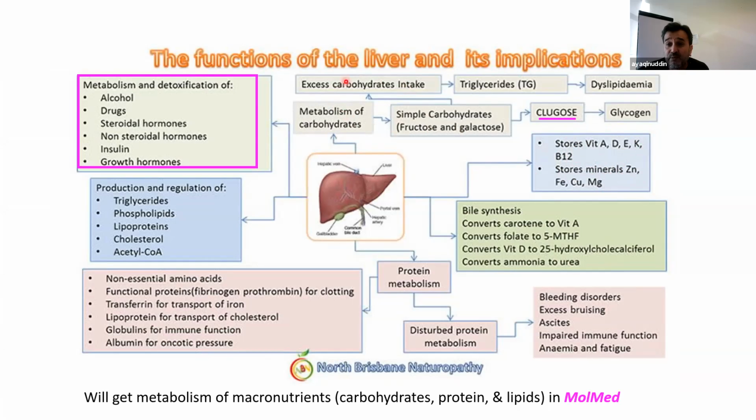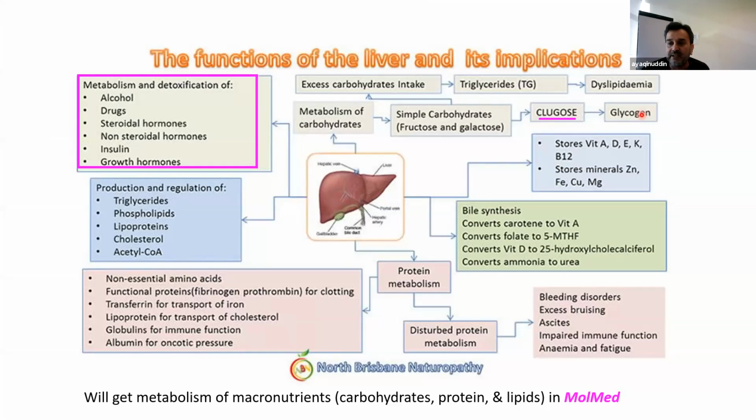It has a very important role in carbohydrate metabolism because it stores glucose in the form of glycogen. So it is an energy house. A lot of carbohydrate metabolism is happening, and then it is stored in the form of glycogen.